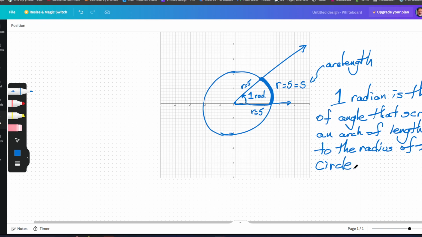It's a little bit of an informal definition, but it's got the pieces we need.